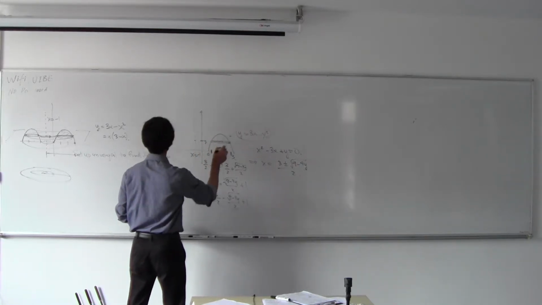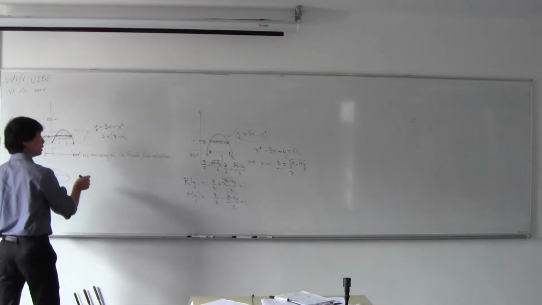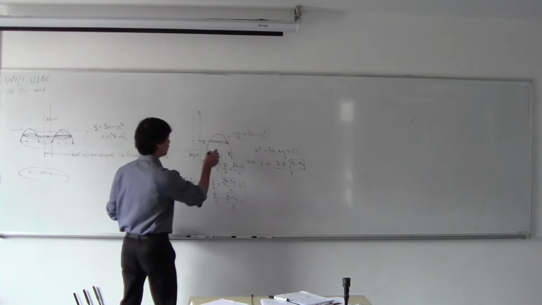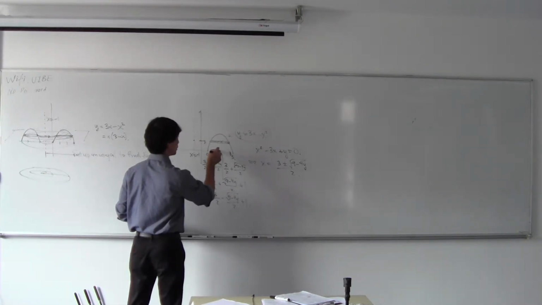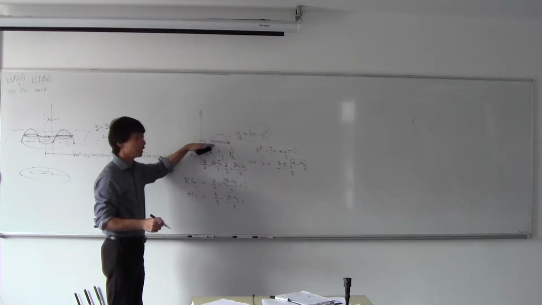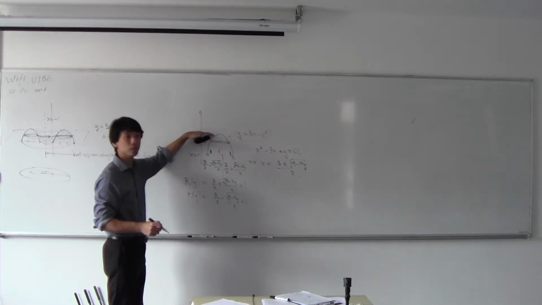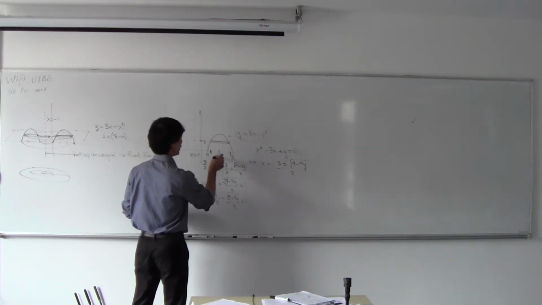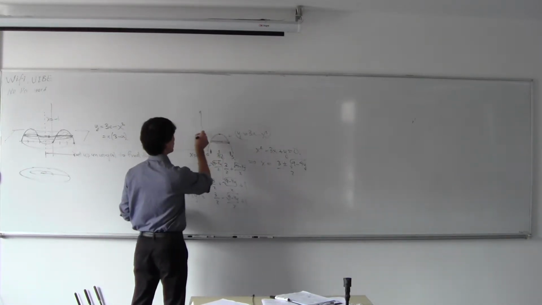So what's the integral? We're going to integrate against y, from 0 to the height. The height occurs at x equals 3/2, and it turns out to be 9/4.